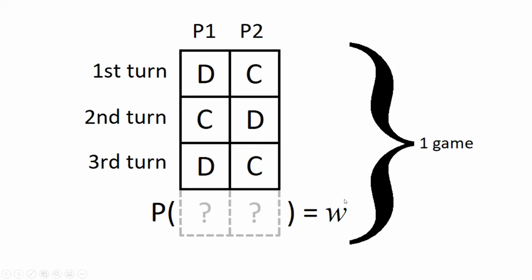Each time you play the prisoner's dilemma, that's one turn in the iterated prisoner's dilemma. And as you can see, this W right down here is the probability that you will play the next round, which if you're playing a 6-sided die is 5 out of 6. But you can vary W. We'll get to that in a moment.